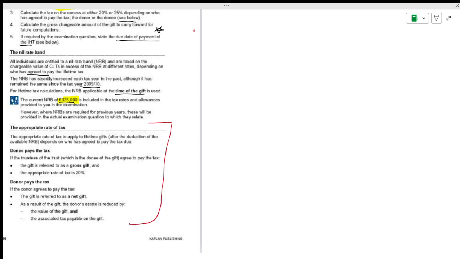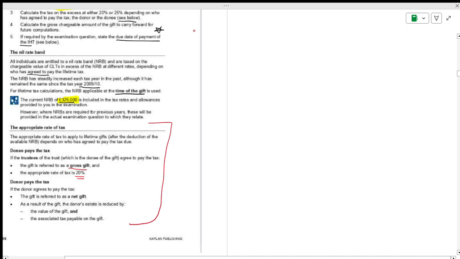The abbreviated rate of tax is applied where the trust, which is the donee of the gift, agrees to pay the tax. The gift is referred to as the gross gift, and the appropriate rate is 20%.